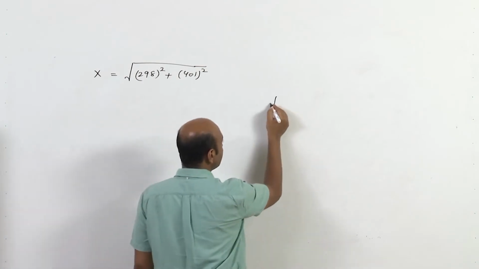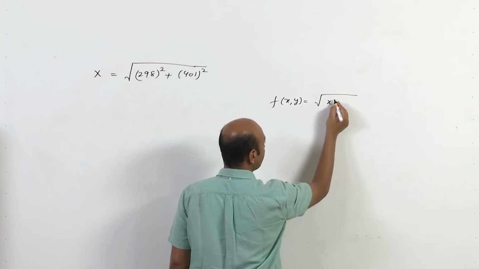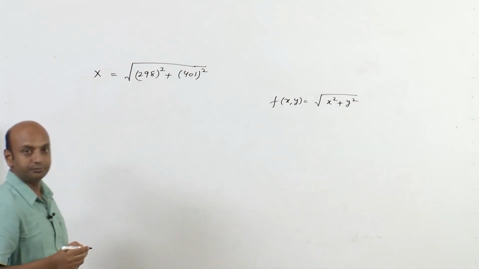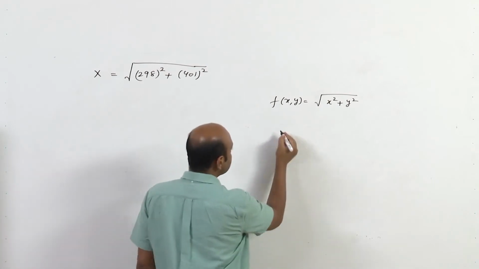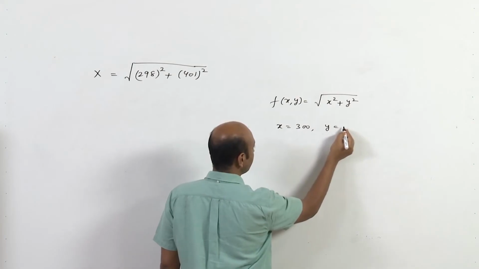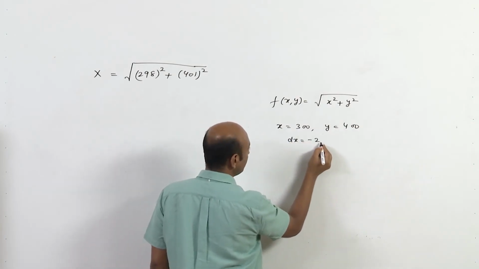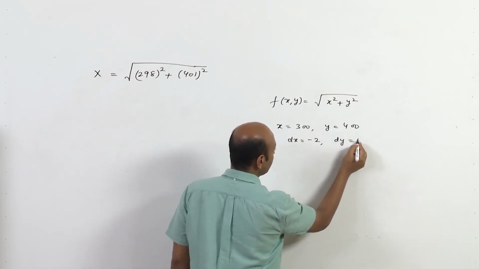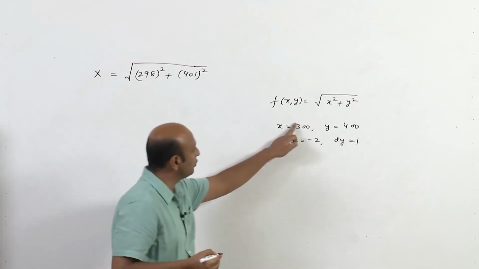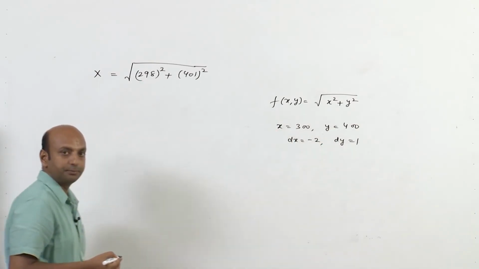Let us define the function as f of x, y equals under root x square plus y square. Take x as 300 and y as 400. Take dx as minus 2 and dy as 1, because 300 minus 2 will be 298 and 400 plus 1 will be 401.